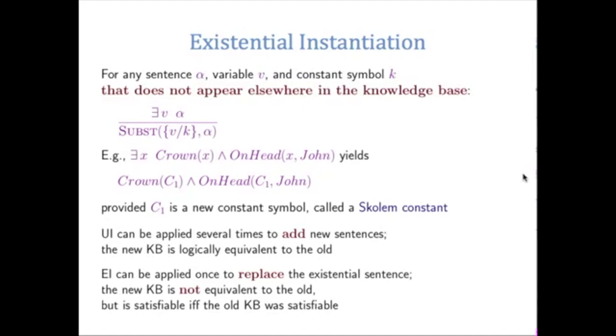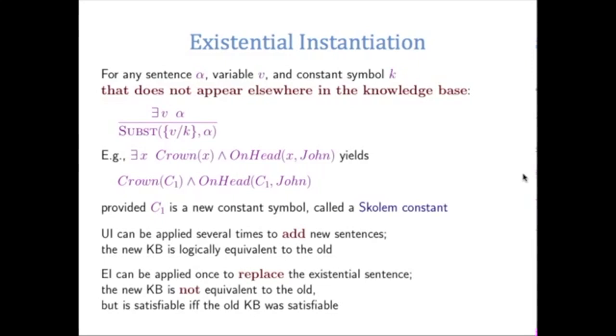Existential instantiation can be applied once to replace the existential sentence. And that new knowledge base is not equivalent to the old knowledge base, but it's still satisfiable if and only if the old knowledge base was satisfiable.